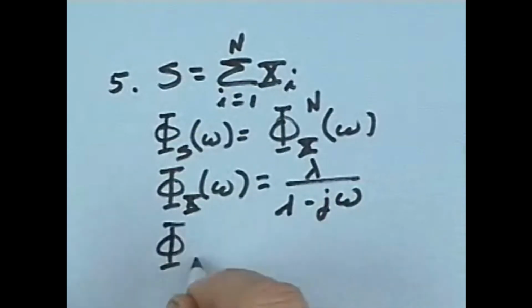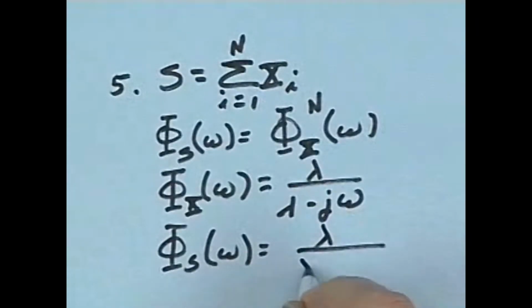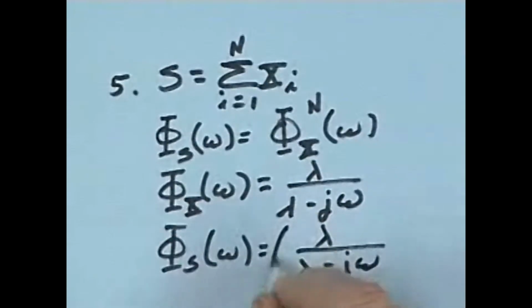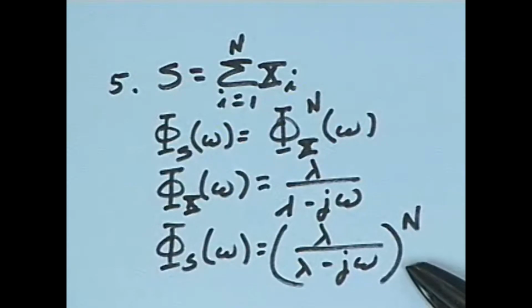So the characteristic function for s is equal, of course, to this simply raised to the nth power. And if you were to have a table of characteristic functions before you, which they did for this test, you would go down that table and say, ah, this is the characteristic function for the Erlang random variable.